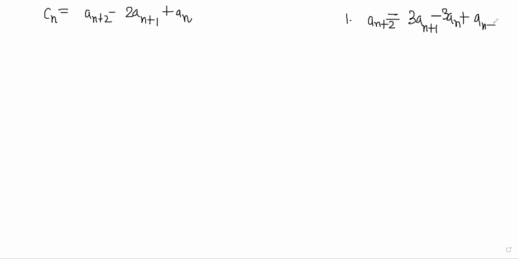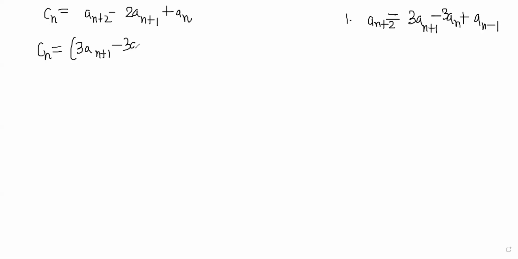So Cn was equal to An plus 2 minus 2 times An plus 1 plus An. And the first condition was telling us An plus 2 was equal to 3 times An plus 1 minus 3An plus An minus 1, right? Correct.